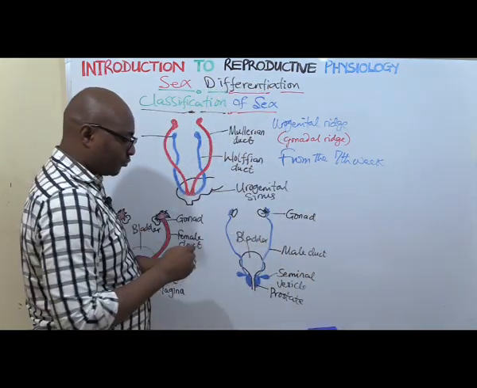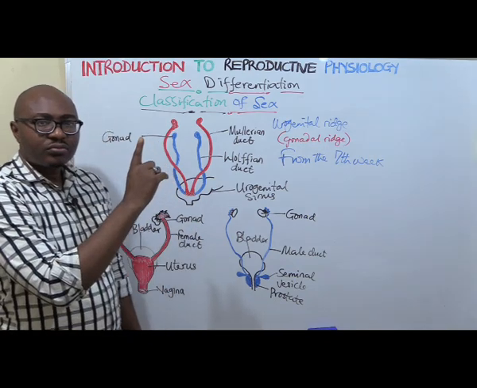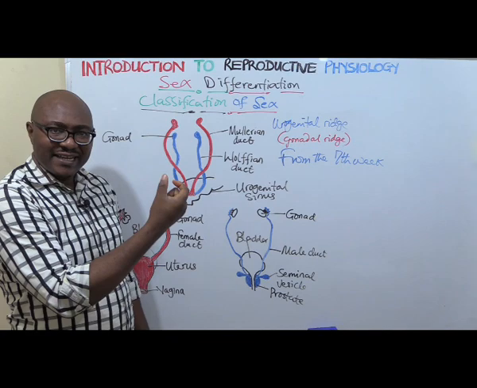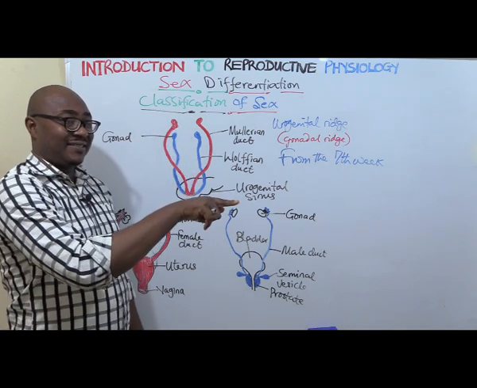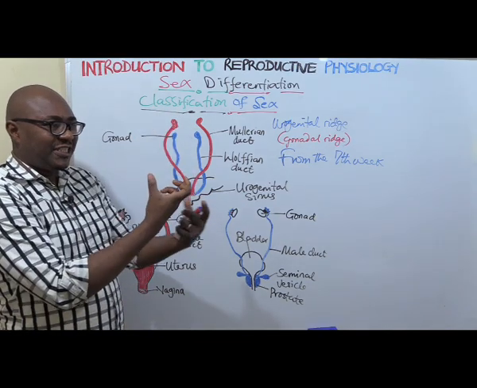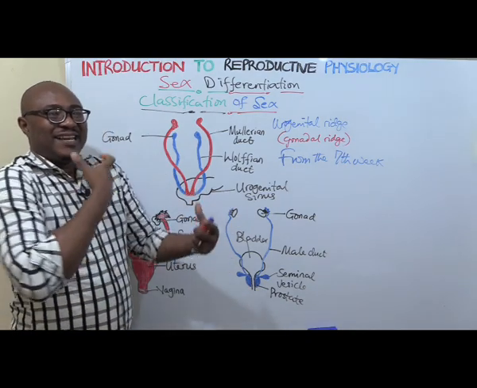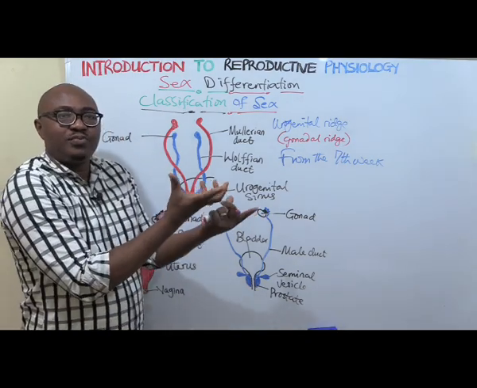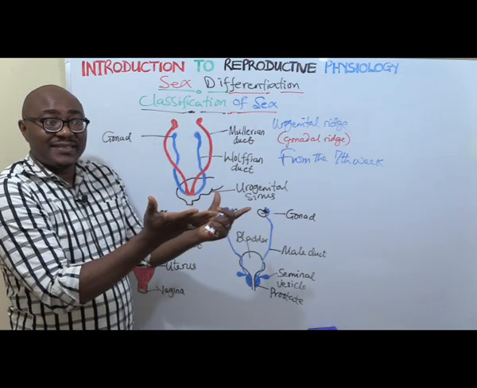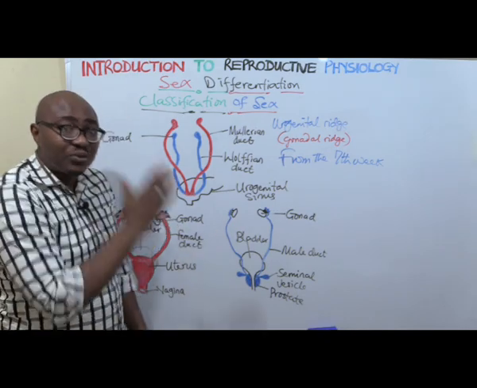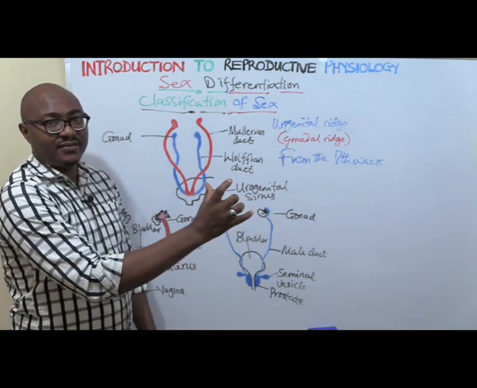changes begin to happen. Now, the chromosome has DNA, which has genes, and genes code for the expression of certain proteins, protein synthesis. That's why gene expression is actually protein synthesis.